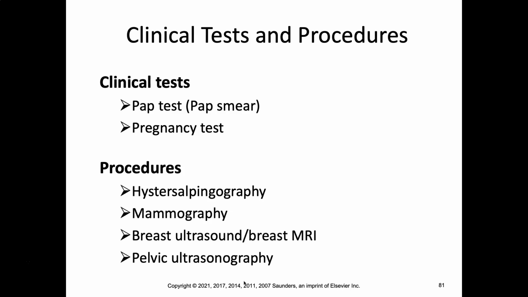There's mammography, of course, breast ultrasound, breast MRI. A lot of times if there's something unclear on a mammogram, they'll go ahead and ask the woman to stay for a breast ultrasound or even a breast MRI to get a much better view. And then, of course, there's pelvic ultrasonography.